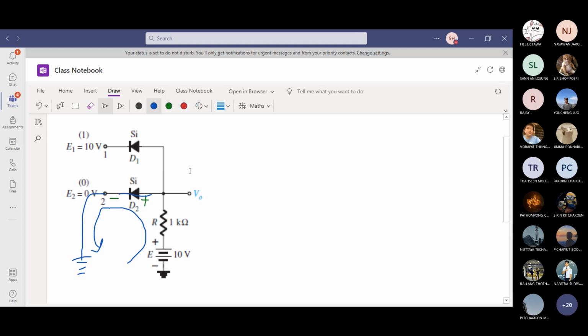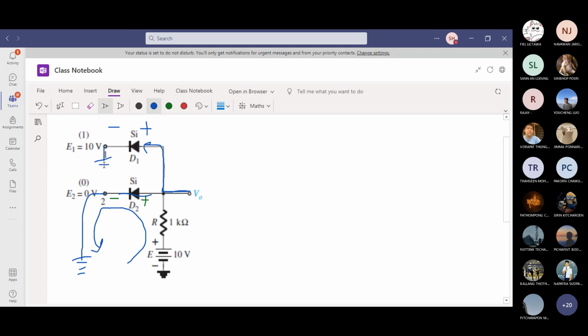What about diode D1? Diode D1 is going to get the voltage V out that is fed into this side. Polarity again, here is anode, that side is cathode, and then you see a positive volt.